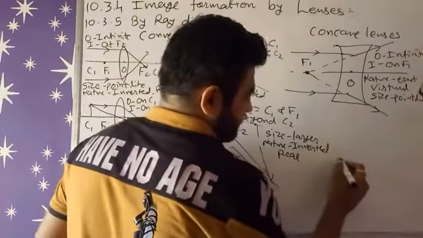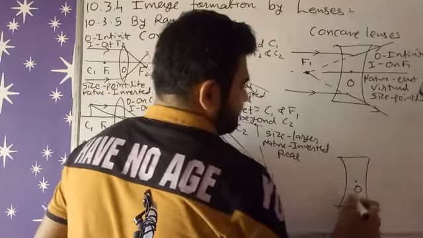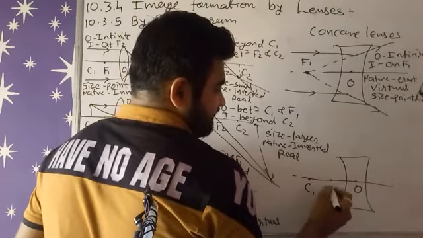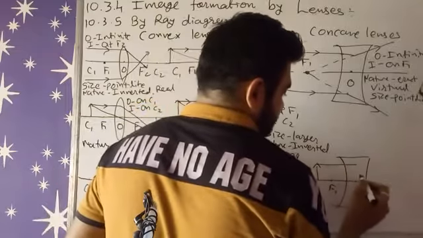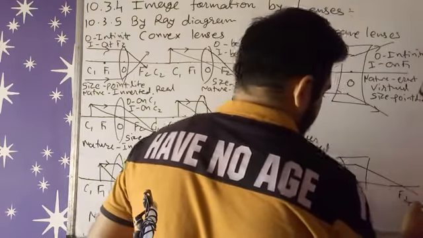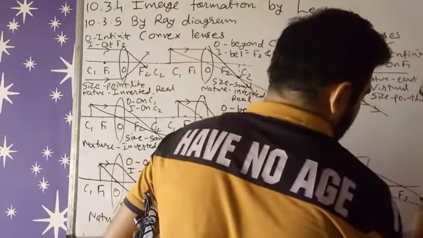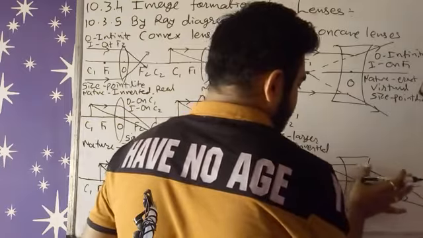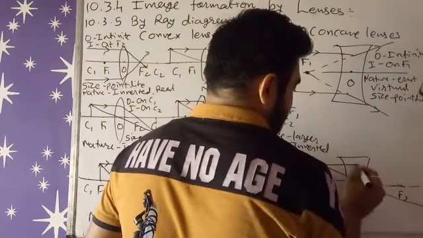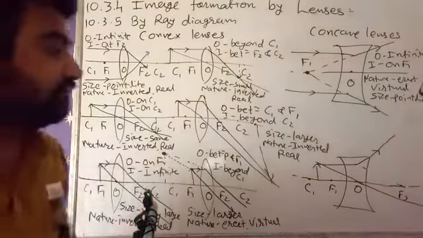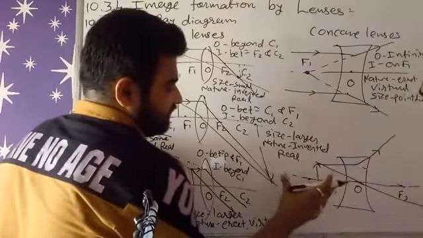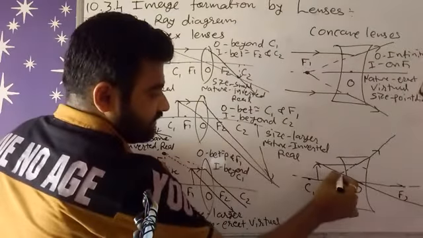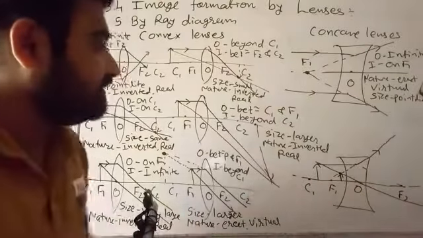Now the second characteristic. Here is the optical center, and the object is between C1 and F1. The first ray passes toward the second focus F2, and the other goes in this direction, because the nature is diverging. Extending the lines backward, we get an intersection point, and at that intersection point we get the image.